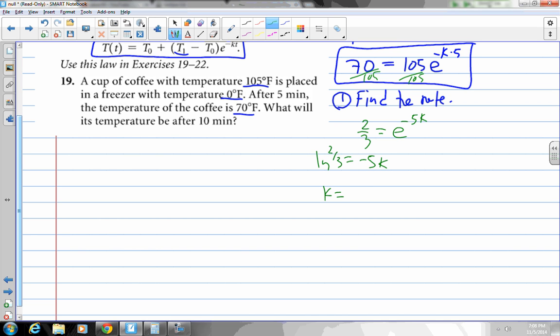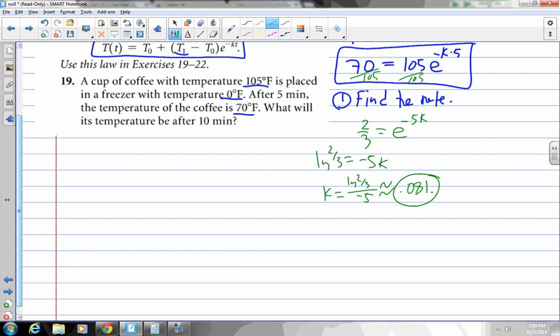So k equals ln of 2/3 over negative 5. What is that rate? Can somebody compute that? 0.081? Okay. So knowing that, I can figure out the temperature after 10 minutes.